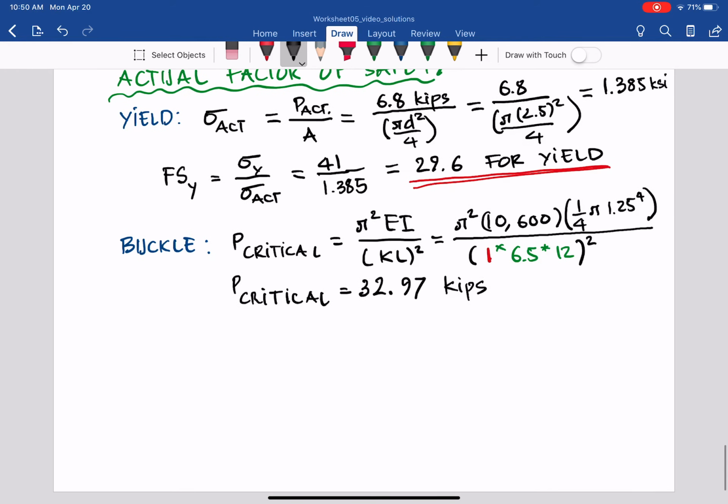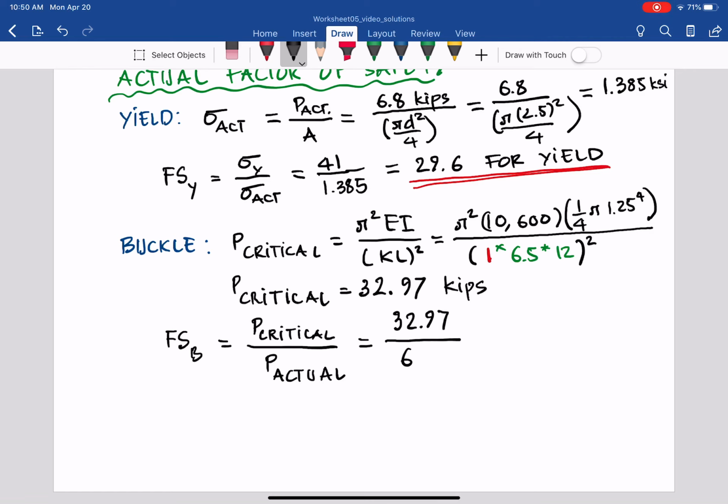So from that, the factor of safety due to buckling is equal to P critical over P actual. Plug in 32.97 and the actual 6.8, and from that we will have 4.85 for buckling.